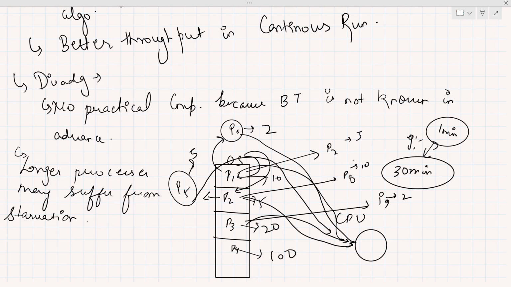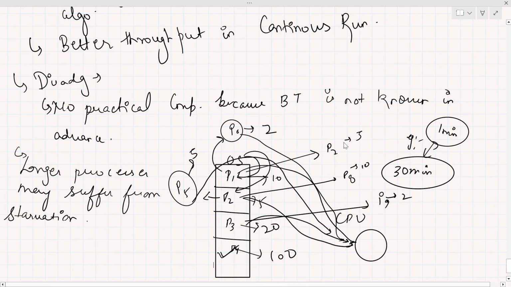So processes with a larger burst time may suffer from starvation and will get the CPU after an indefinite amount of time. We don't know when this process will get the CPU. So there is a problem in this scheduling algorithm: the process may go into starvation. That's a disadvantage of this algorithm.